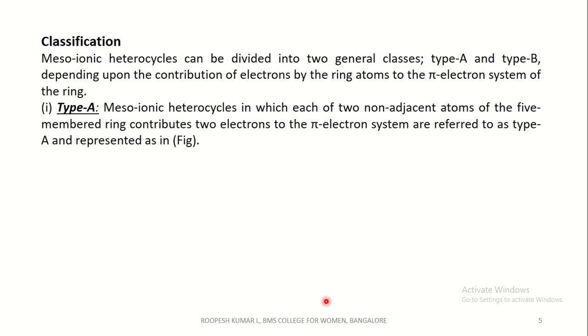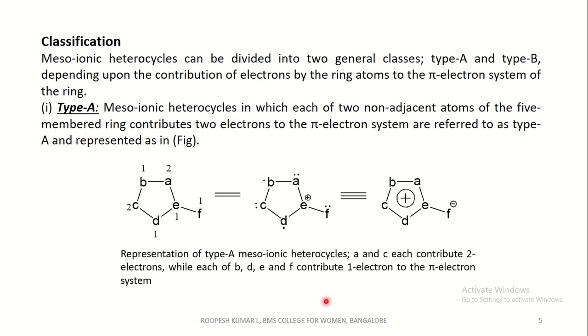Coming to the first one, type A: mesoionic heterocycles in which each of two non-adjacent atoms of the 5-membered ring contributes 2 electrons to the pi electron system are referred to as type A. You can see these two non-adjacent atoms contribute 2 electrons to the pi system, whereas B, D, E, F contribute 1 electron.